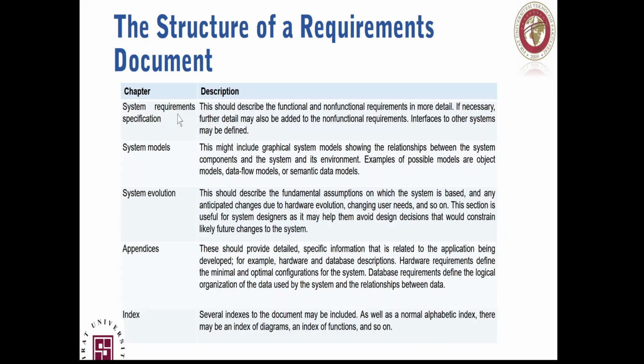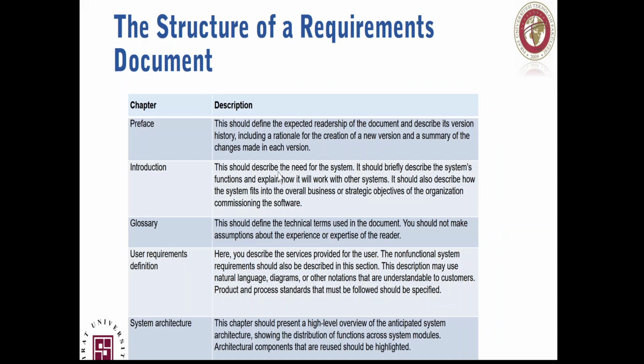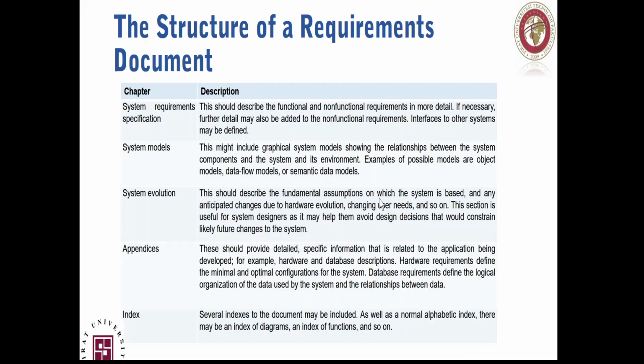Then we have the system requirements specification. Once we specify the architecture of the system, then we should describe the functional and non-functional requirements of the system in detail. For the user, we usually try to limit the explanation and do not provide details.